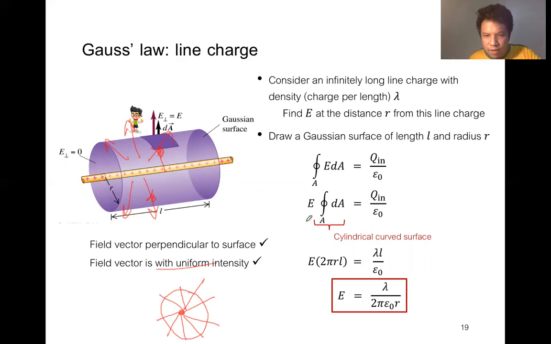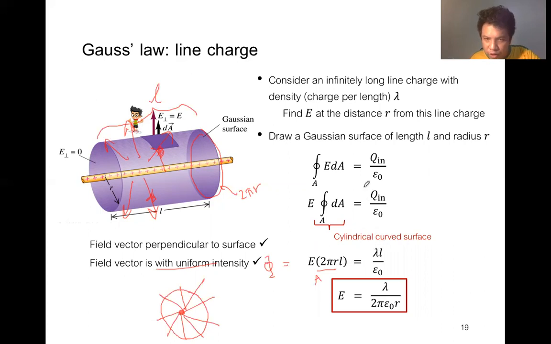So the flux can be found from E times A, and A, the area of the cylindrical curved surface, would be 2 pi r, the circumference, times L, the length of the cylinder.